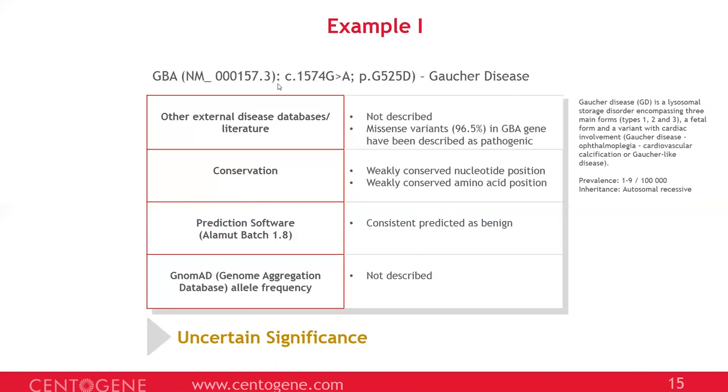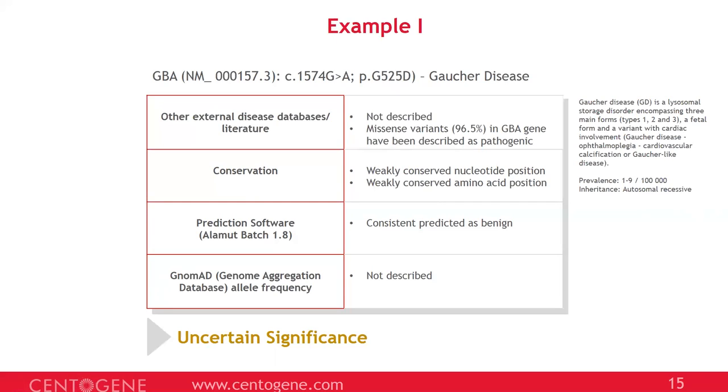This variant is located at position 1574. It's a substitution of G to A, which leads at protein level to an amino acid exchange, which we call missense, where the glycine at this codon position 525 is replaced by an aspartic acid.